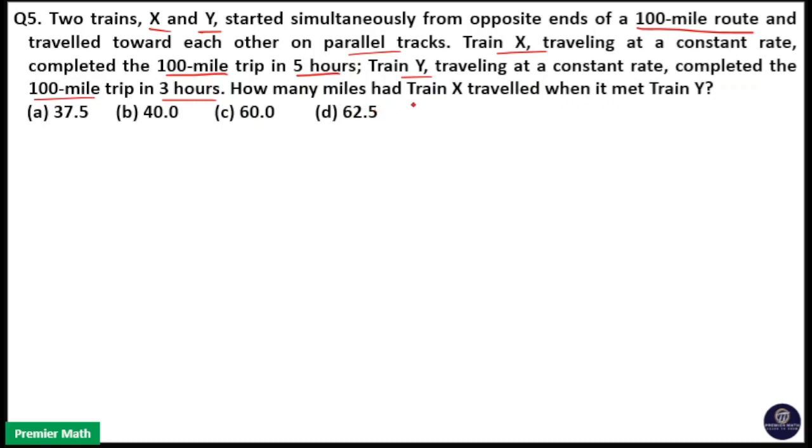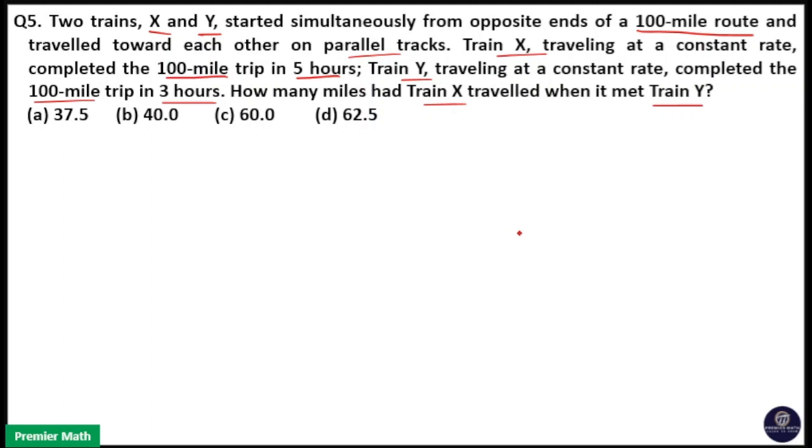How many miles had train X traveled when it met train Y? So we need to find the distance traveled by train X at the meeting point. Here, this is a simple question. Don't spend too much time on this type of questions. Always use short tricks. Here, both train X and Y are traveling towards each other, and they both cover a 100-mile distance.